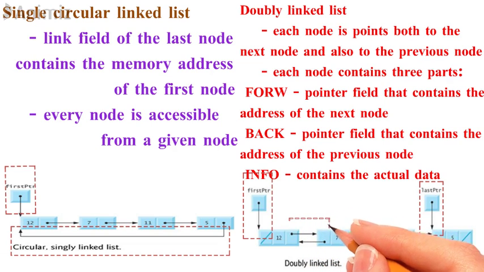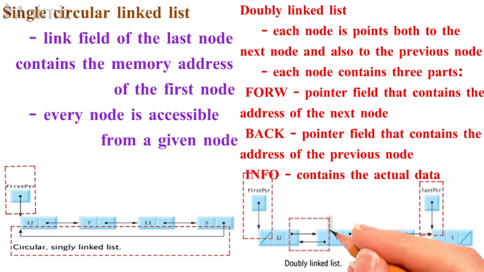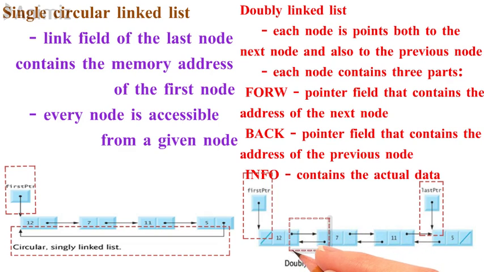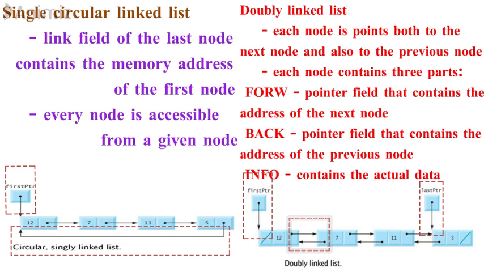Then the other link is made to point to the next node that contains 7. So even 7 contains 2 links. One link points to the 12 information node and the other link points to the 11 information node. So each and every node that is present in doubly linked list contains 2 links.